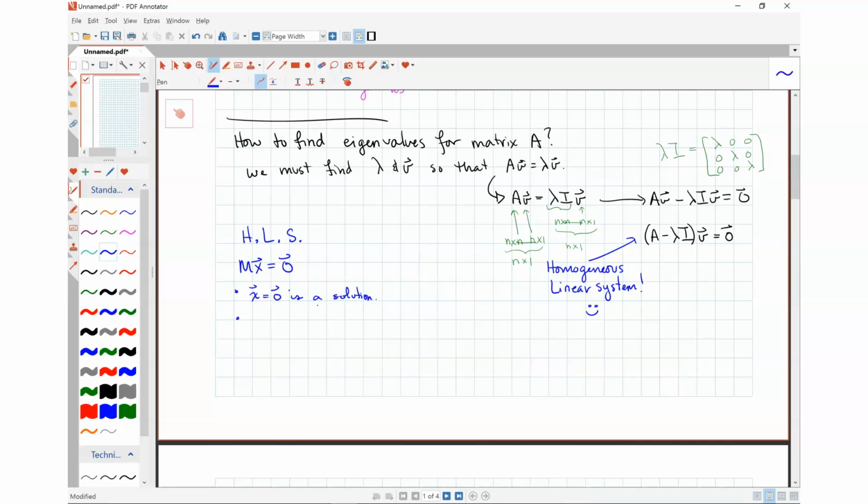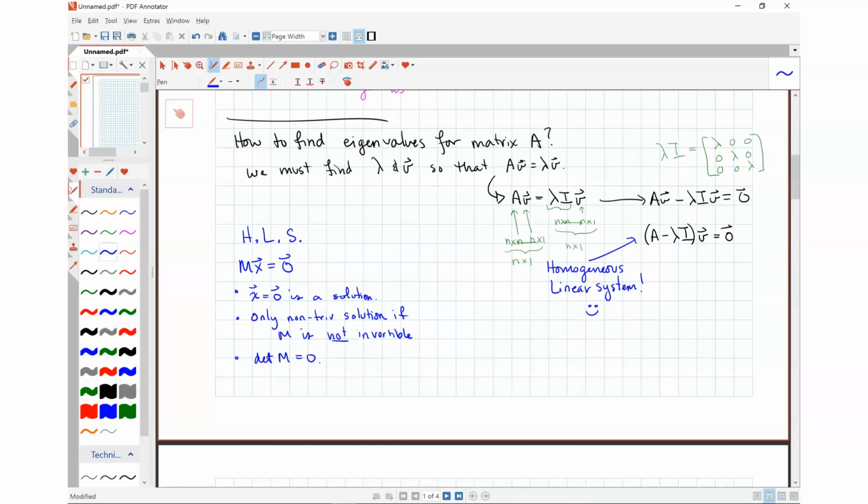So x equals 0 is a trivial solution. We'll only have a non-trivial solution if M is not invertible. And M is not invertible exactly when its determinant is equal to 0.